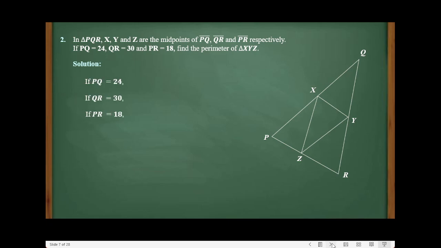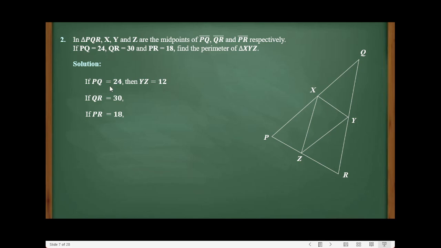Okay, solution. Given those sides of the bigger triangle, 24 for PQ, 30 for QR, and 18 for PR. Ano ibig sabihin yan?